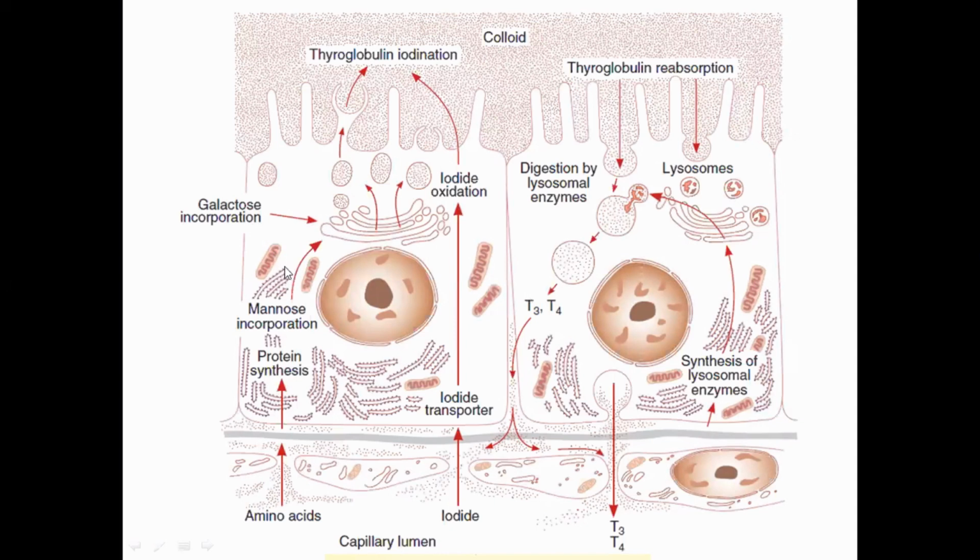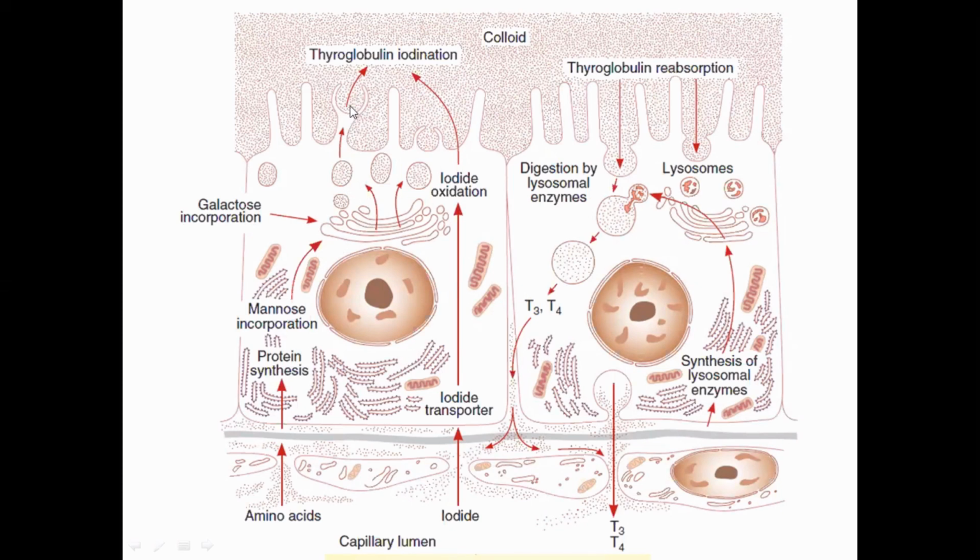After formation of the glycated protein, it is transferred to the Golgi apparatus. And in the Golgi apparatus, what happens? These proteins are packed into secretory vesicles, exocytic vesicles, and in those exocytic vesicles the thyroglobulin proteins form a dimer. After that, these vesicles are released to the follicular lumen.